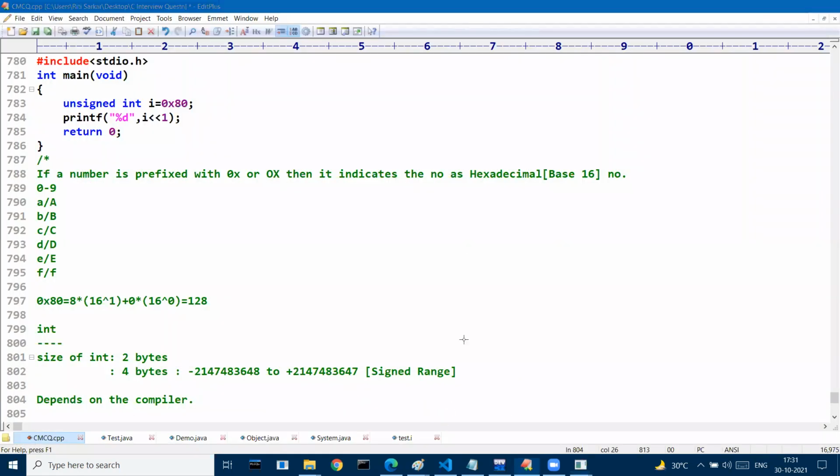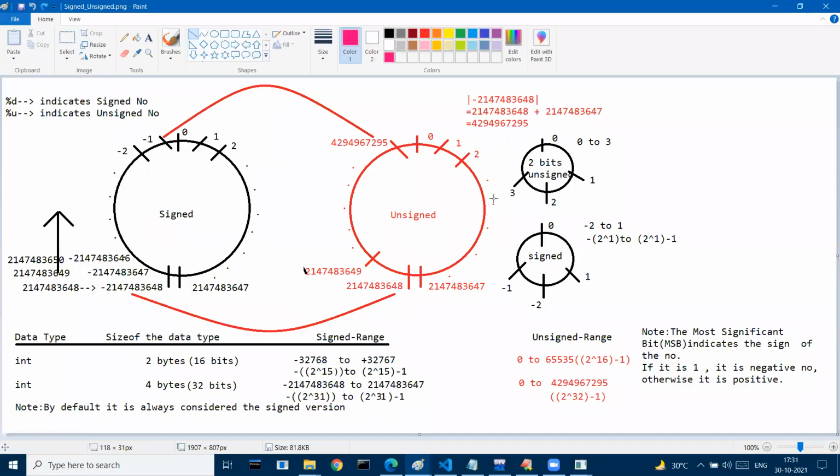Why? Because 65,535 will be somewhere in the unsigned range. Similarly, in the signed range, it will also be somewhere in the range. So whether you use %u or %d, at least for positive numbers, no effect will come. But once the number goes beyond this value, then %d and %u will affect.